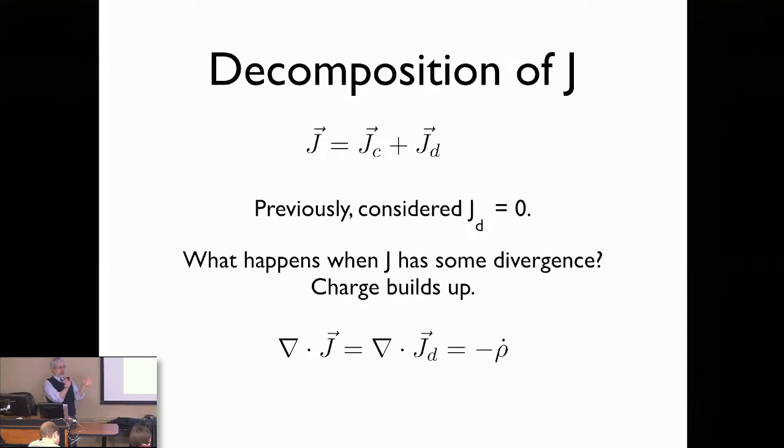If the current is diverging outward, then you're losing charge. It's becoming more negative at the origin. Or if the current is converging, then it becomes more positive. You get positive charge building up.